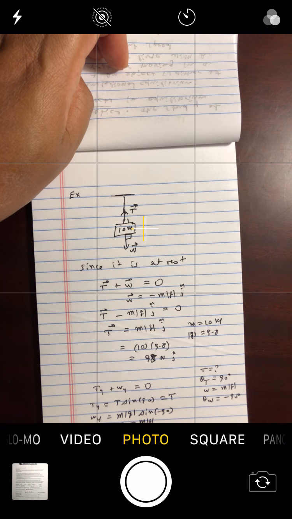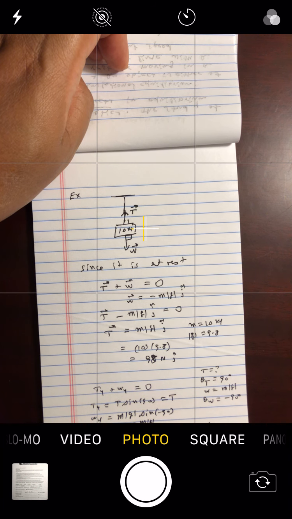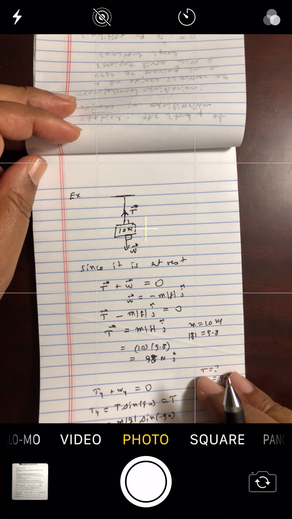With that we get T minus mg equals 0, which gives T equals mg. That is the tension, 98 newtons, and the direction is of course upward.